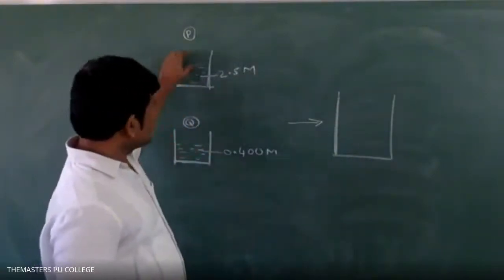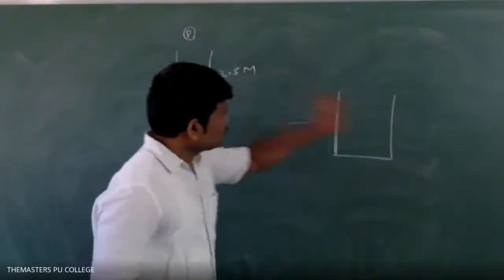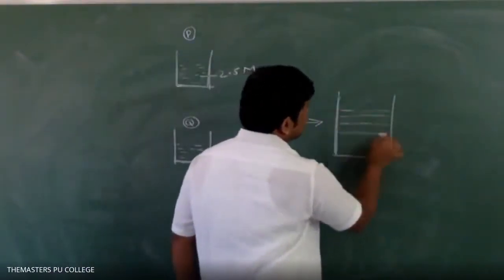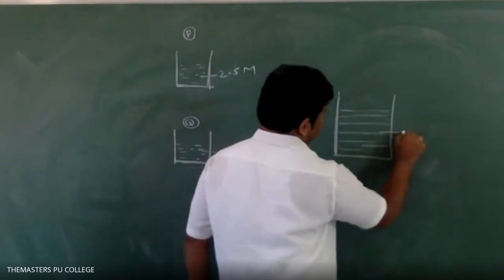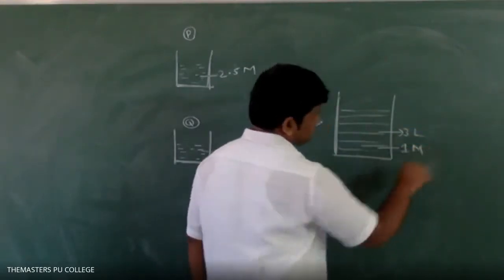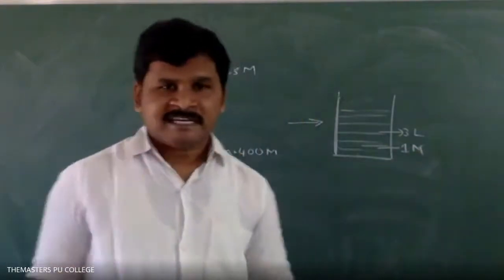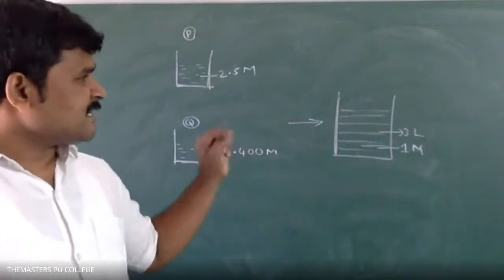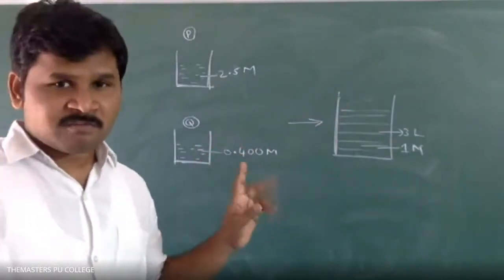We are adding P as well as Q to this container. So the volume is 3 liters. Molarity is 1 molar. Clear? This is the diagram according to the given question.